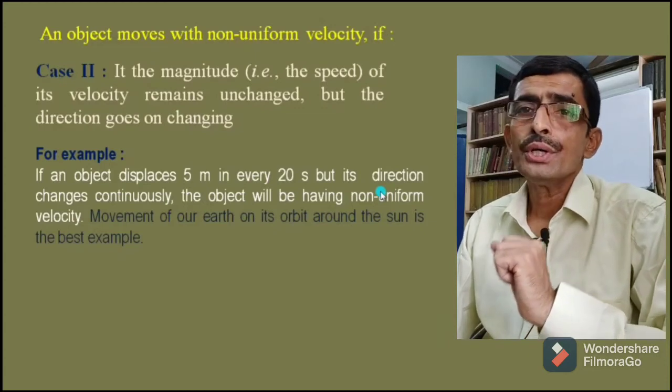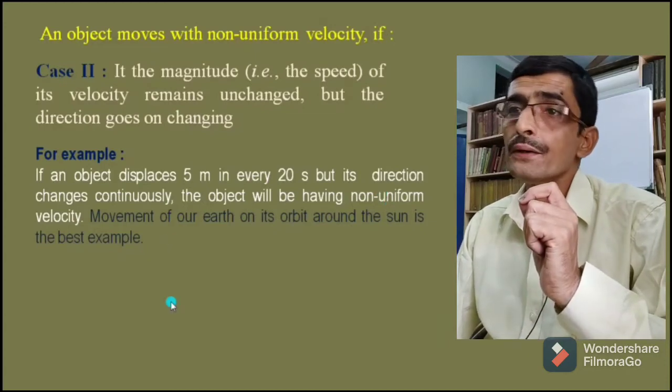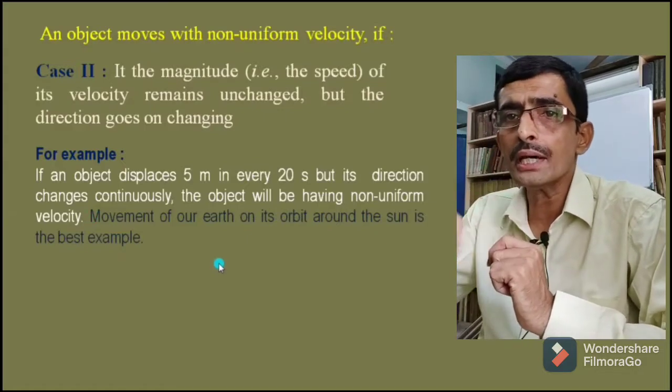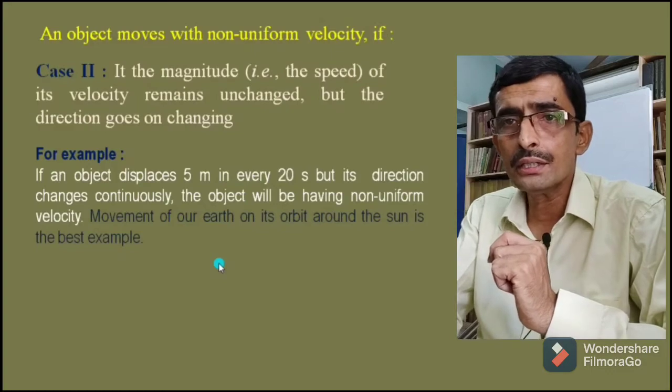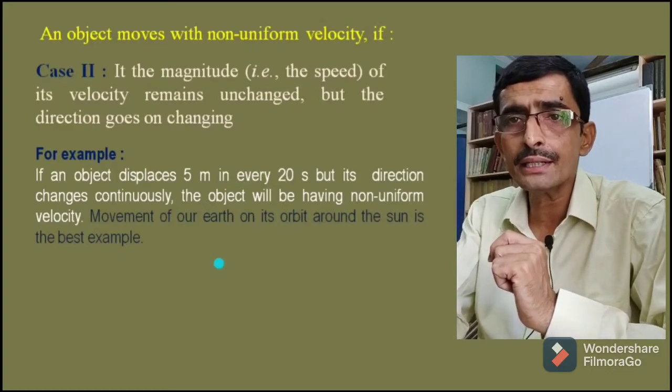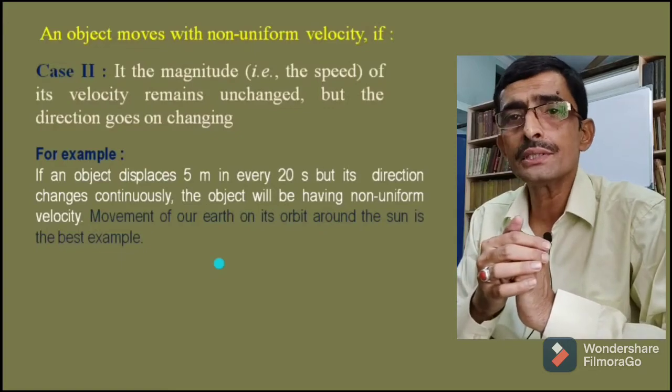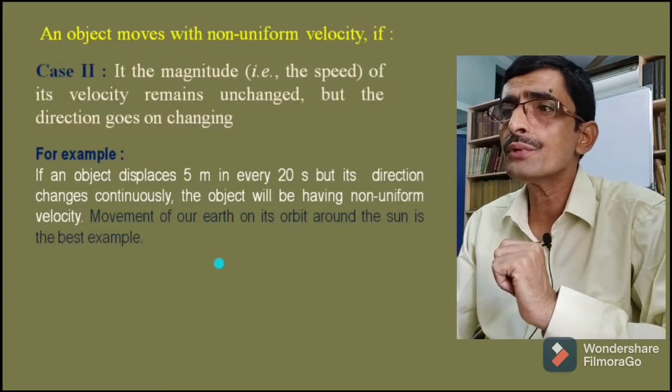In that case also it is said to have non-uniform velocity. The best example is our Earth. When Earth revolves around the Sun in its orbit, at every instant its direction goes on changing but its speed remains the same.